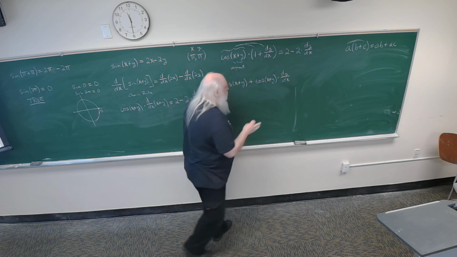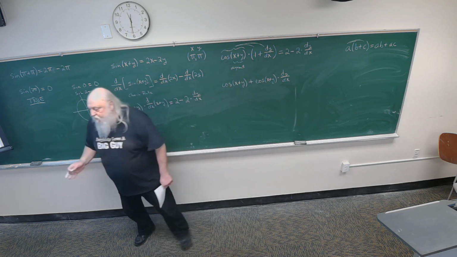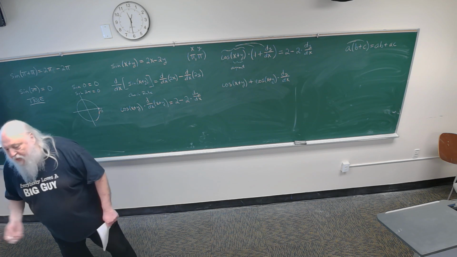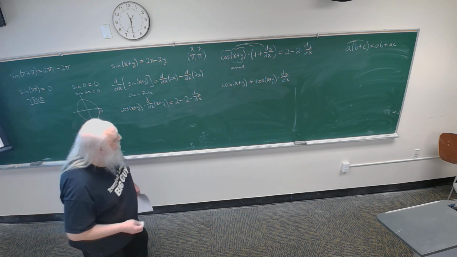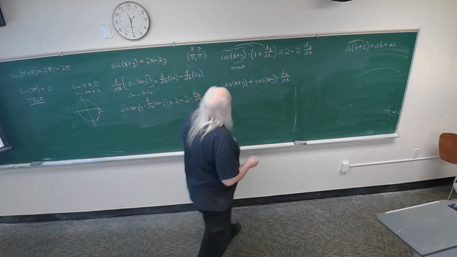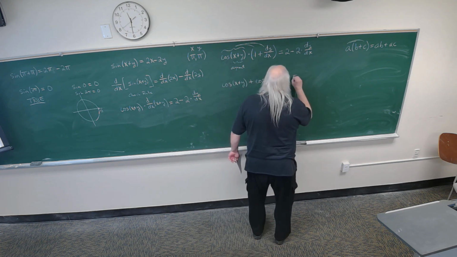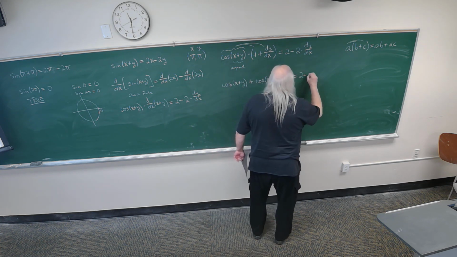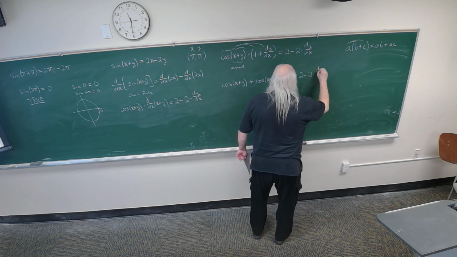So we're not doing anything new with the distributive property. We're just doing it with more complicated expressions. Okay. Then on the right-hand side, we have 2 minus 2 times the derivative of y with respect to x.